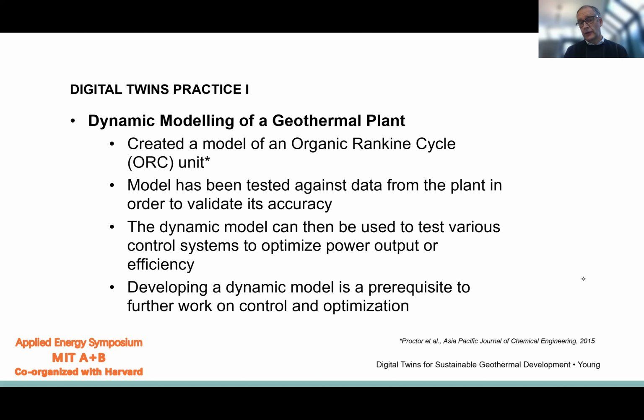Of course, developing a dynamic model itself is a complex task, but it's perhaps not new in itself, although this model was quite new and was used to test various different control schemes. We've previously published on this work elsewhere.